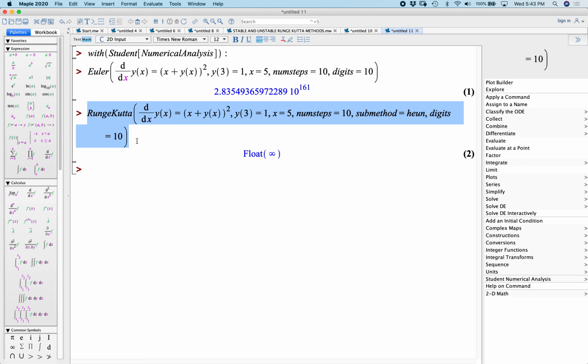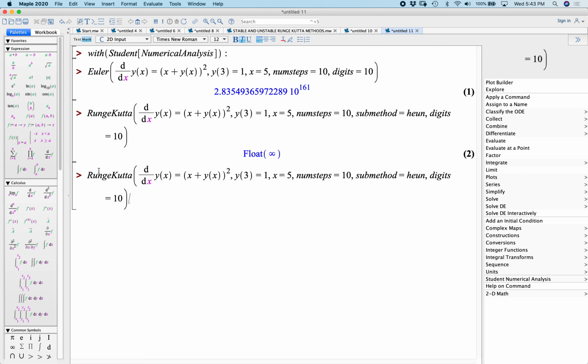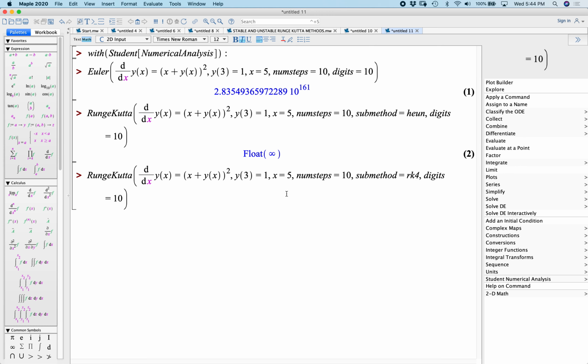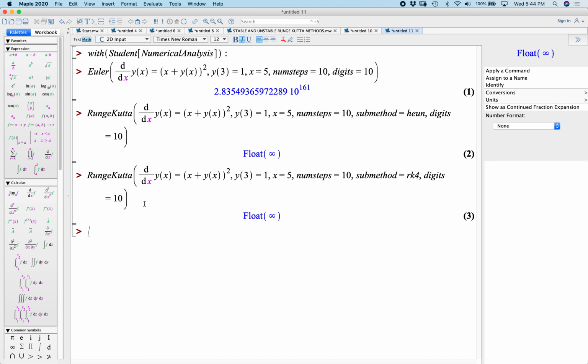Then with the Runge-Kutta, the method is RK4, and the float goes out to infinity. With the Euler, we have a number that is astronomical, beyond what many a scientific calculator can hold. With the improved Euler and the Runge-Kutta, we go out to infinity.